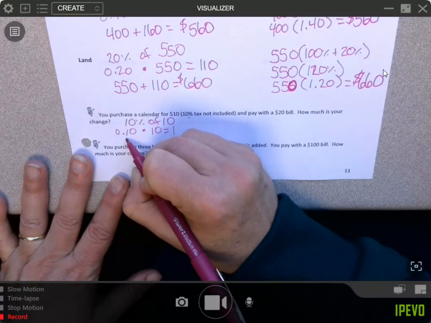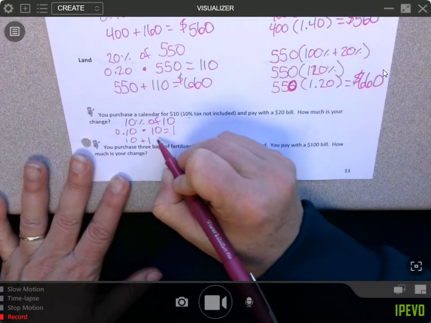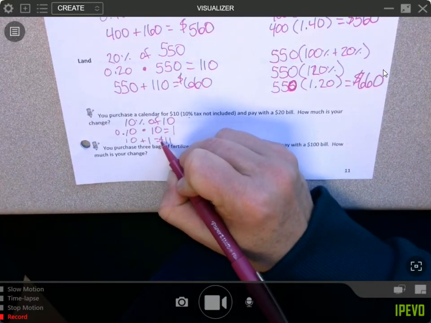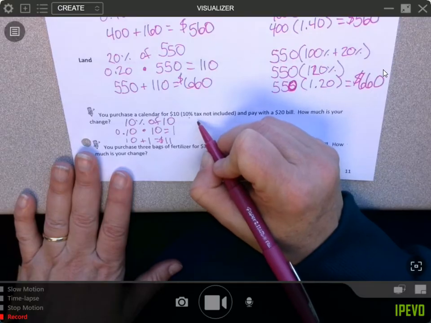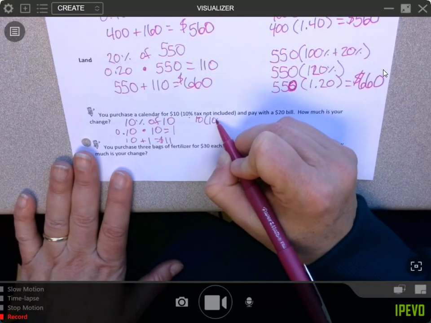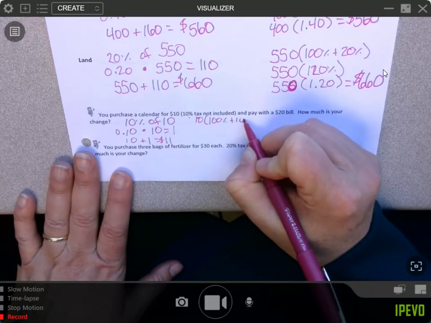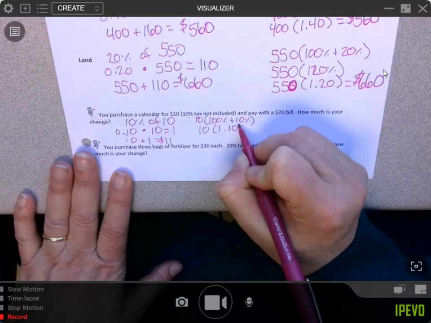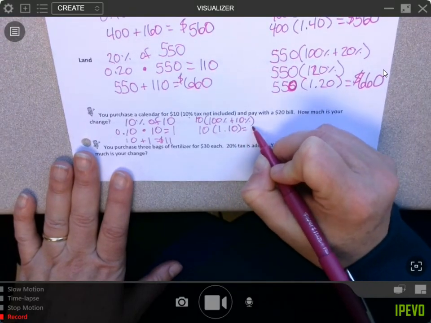And then we add that, so we get 11. Or we could do that original way. We could say 10 times 100% plus 10%, so 10 times 1.10, and that equals 11.